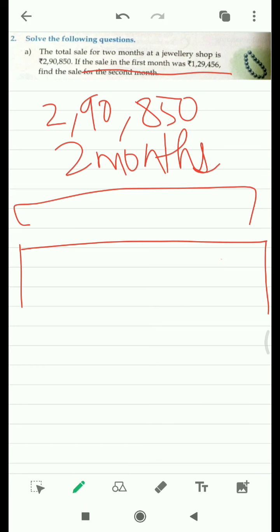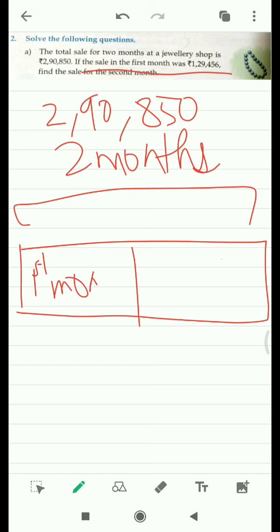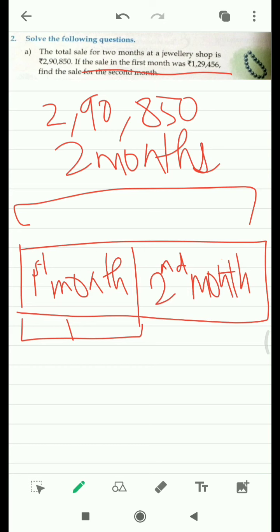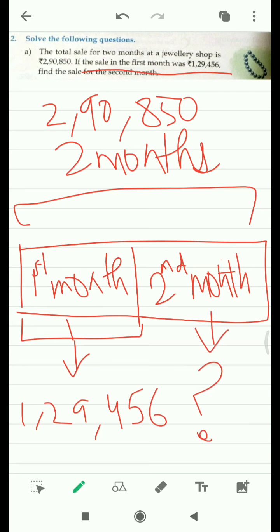So this is your first month and this is your second month. Now we know the sales for the first month. It means we know this part, which is 1,29,456. Now we have to find this part.